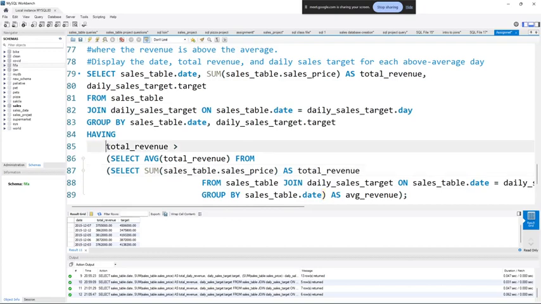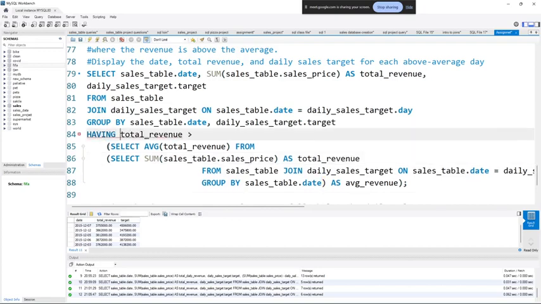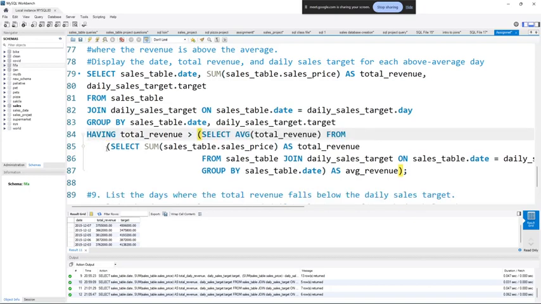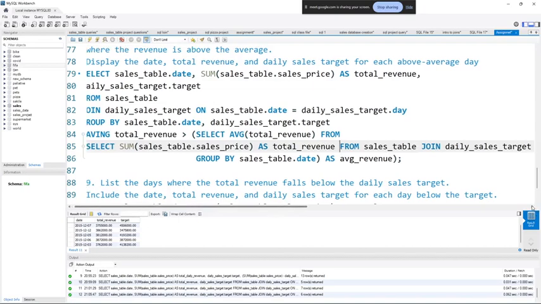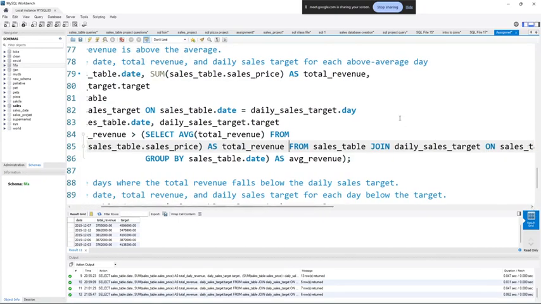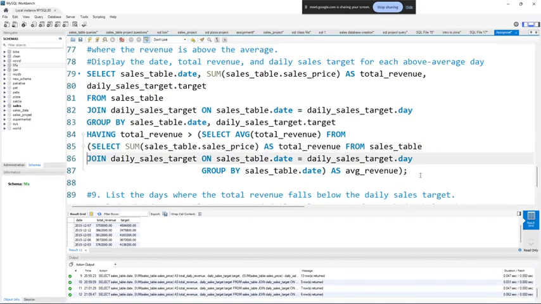Let me remove all these tabs so you see what I'm talking about.